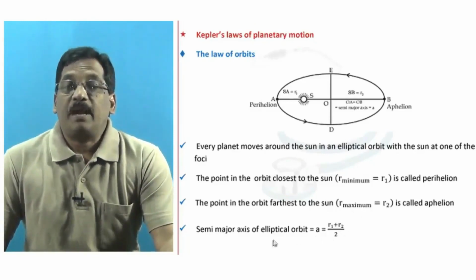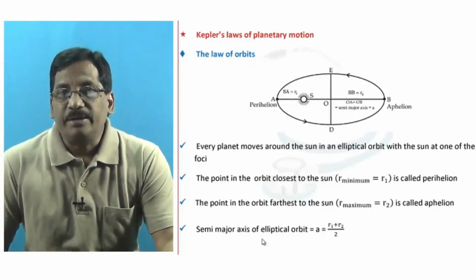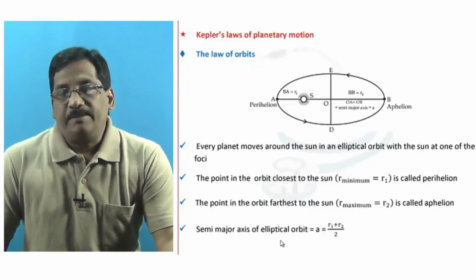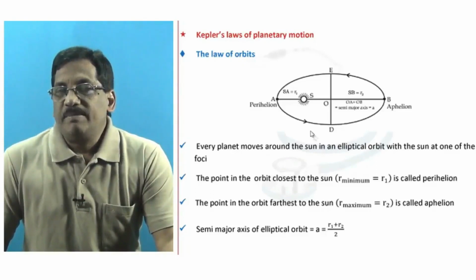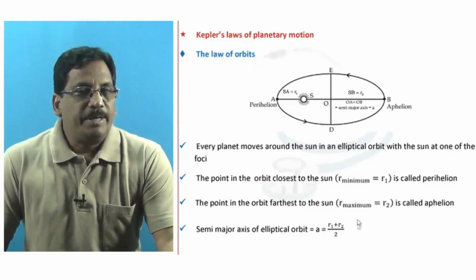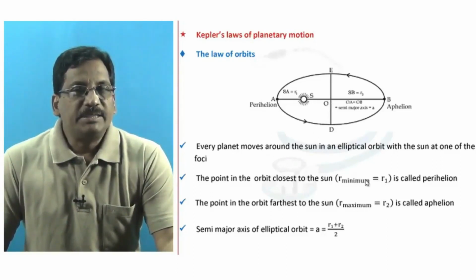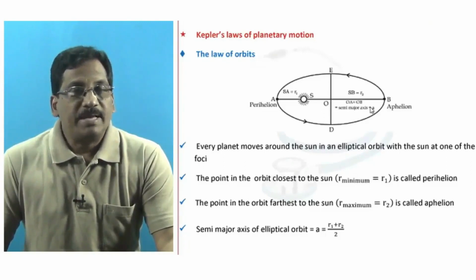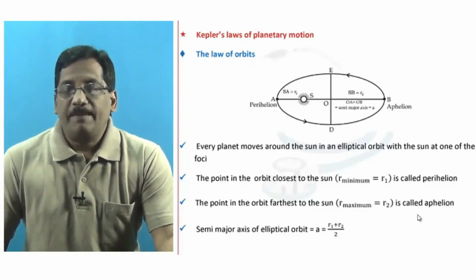This parameter, the semi-major axis, is required in our third law, that is the law of time periods. So the semi-major axis is measured as (r1 plus r2) divided by 2, where r1 is the minimum distance, that is sun to perihelion, and r2 is the maximum distance, that is sun to aphelion distance.